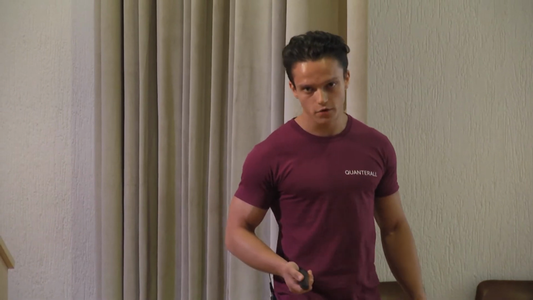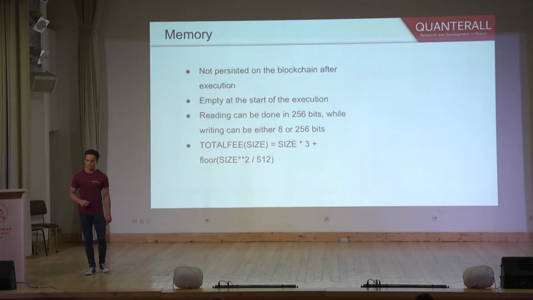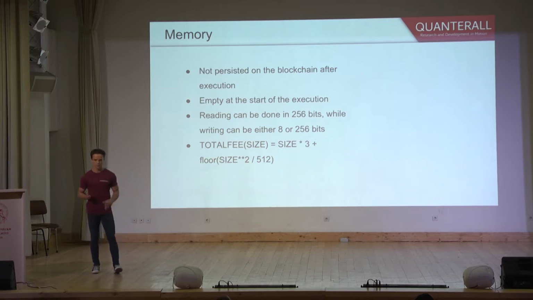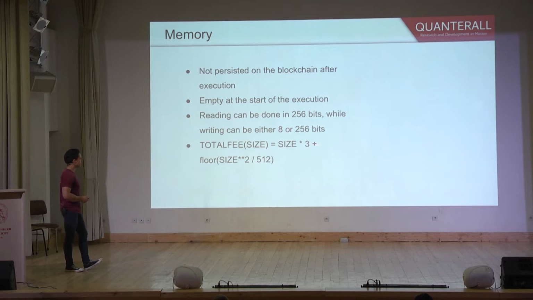Reading from the memory can be done in 256 bits, while writing to the memory can be done in either 1 or 32 bytes. And every time the memory expands during execution, we calculate a new fee based on the current size of the memory. In order to calculate the new fee, we have to use this formula here.